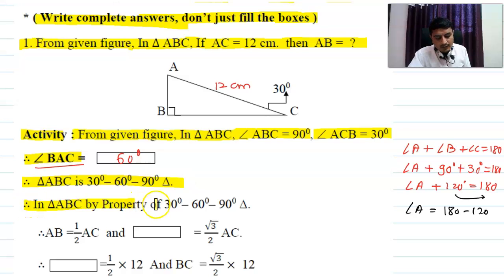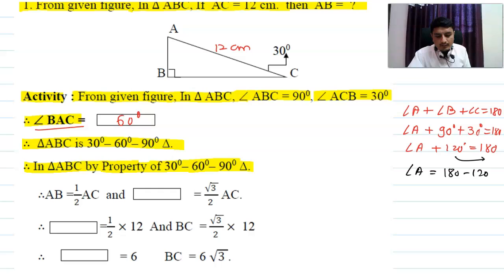So in triangle ABC, by the property of 30, 60, 90 degree triangle, the opposite side of the 30 degree angle, that is AB, is half of AC, and the opposite side to the 60 degree angle, now we have angle BAC means angle A equals 60 degree, so the opposite side of the 60 degree angle, that is BC, is equal to root 3 by 2 times AC.